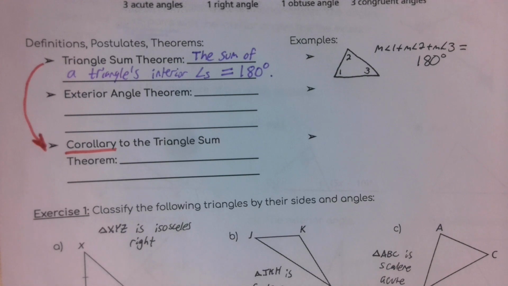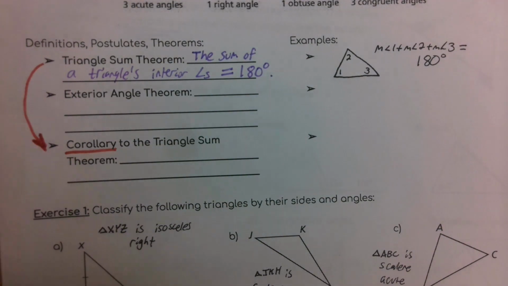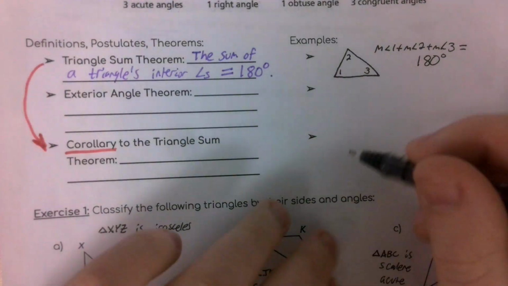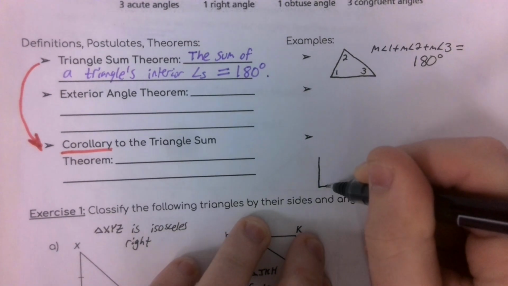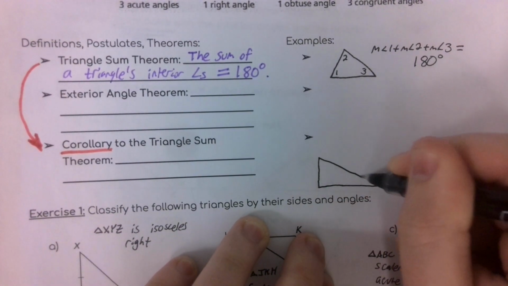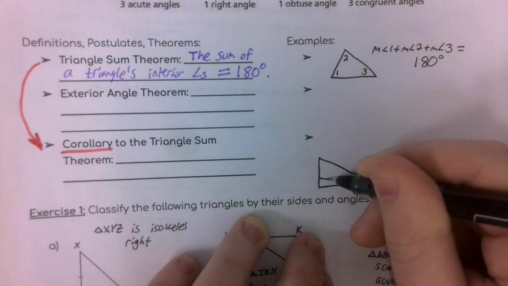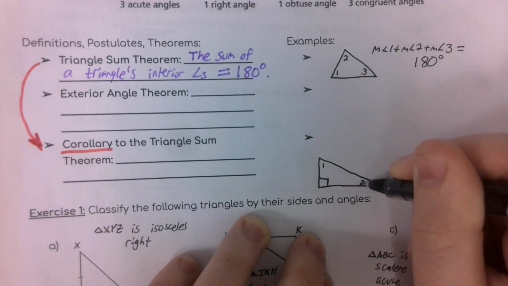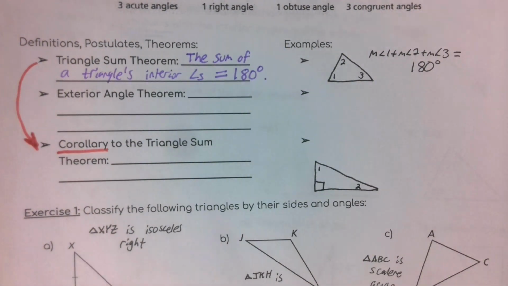So the corollary to the triangle sum theorem is based off of the triangle sum theorem. Let's say I have the following triangle. It's got a right angle here. Based off of the triangle sum theorem, do we know anything about the measures of angle 1 and angle 2?